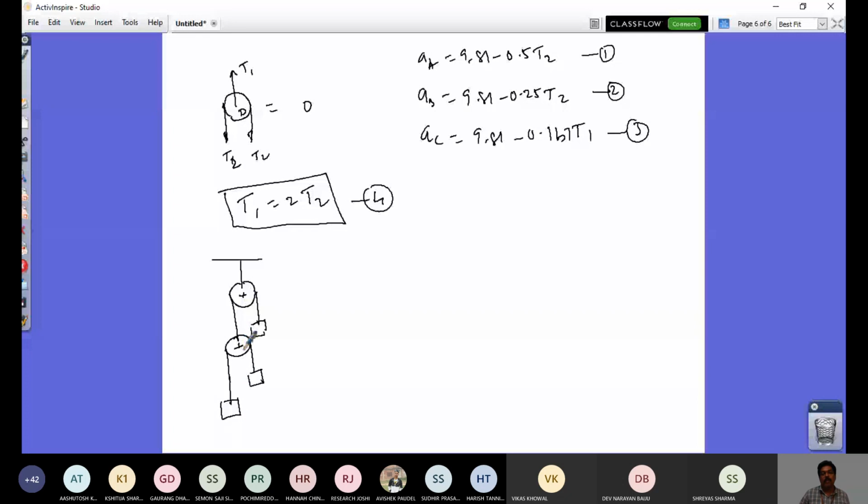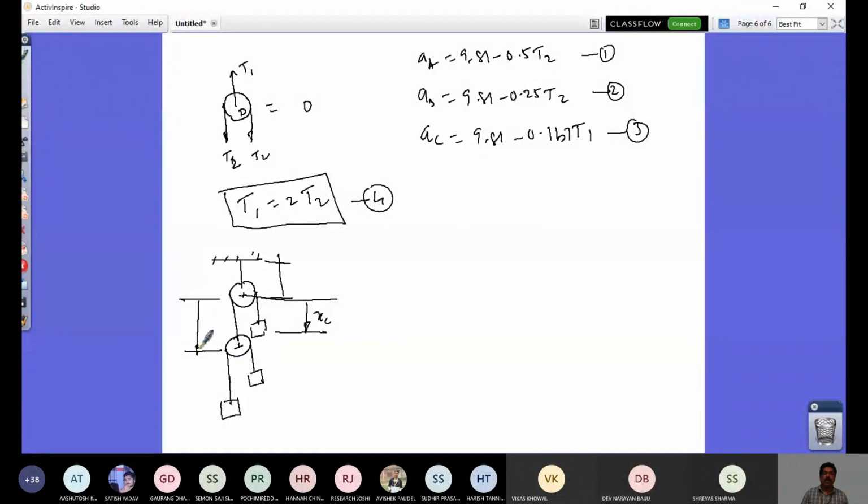So this is a fixed pulley and this is a moving pulley. So let me consider the position of this pulley is fixed now, correct? So from here, if I consider the position of this block is down, let me call that as the distance xc, and the position of d, xd, from here.